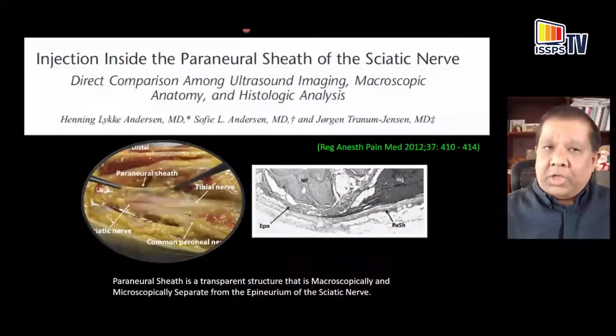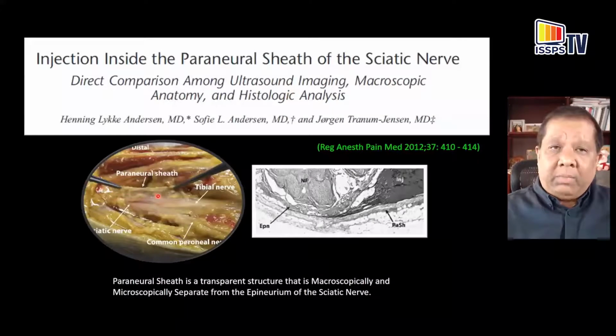The circumneural sheath has been demonstrated to be an integral part of the nerve. As we discussed before, it has often been referred to as the gliding apparatus or even the mesoneurium of the nerve. It's outside the epineurium. So macroscopically and microscopically, it is different from the epineurium.